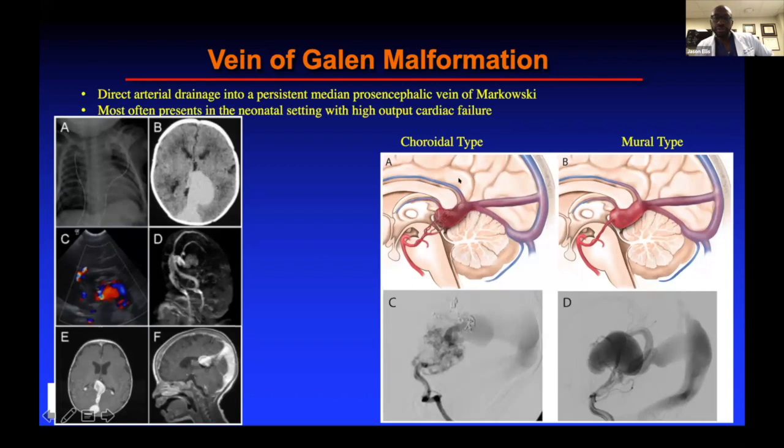There are 2 types, the choroidal type and the mural type. These are often treated at least partially in the neonatal period to palliate the high output cardiac failure. Then definitive treatment often happens later on in childhood.